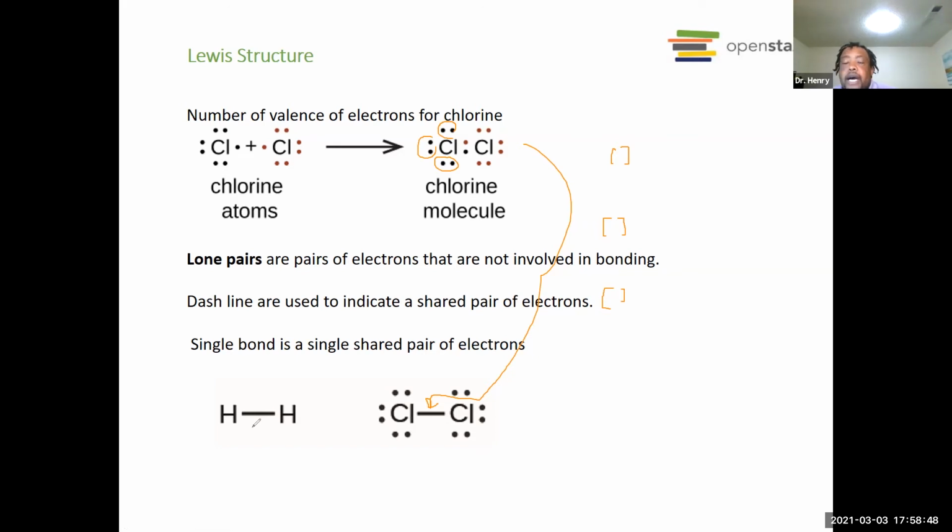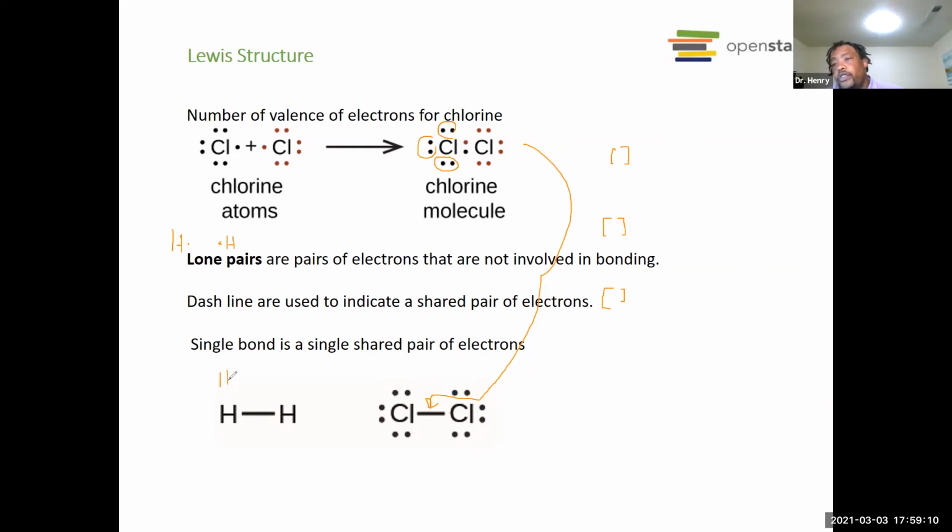Okay? So hydrogen, on the other hand, has 1 valence electron. The other hydrogen also has 1 valence electron. So hydrogen only wants to be like helium. Helium has 2 electrons surrounding it. So the most that hydrogen can have surrounding it is 2 electrons.